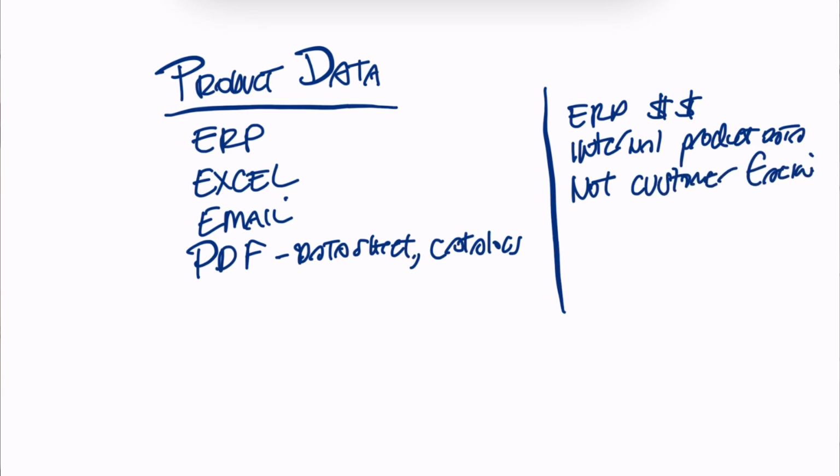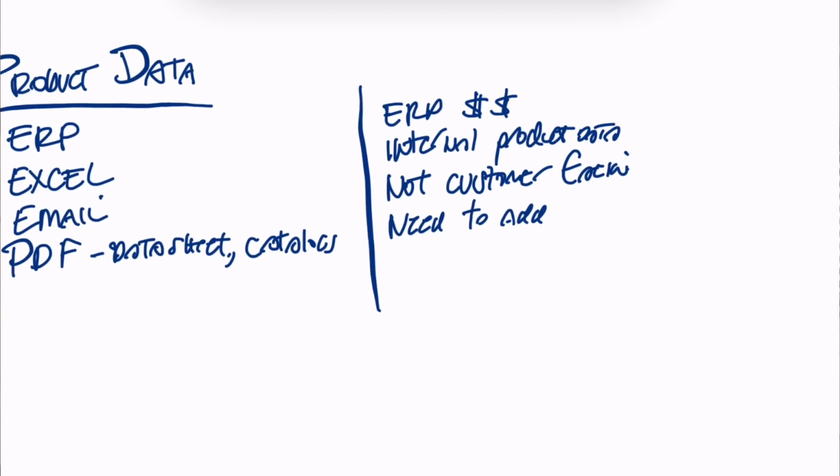So what you end up having to do is add all customer facing things about product information to the ERP. So you've got to have a better description, customer facing.